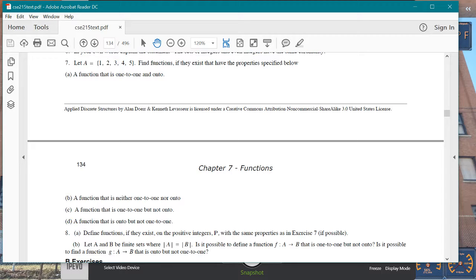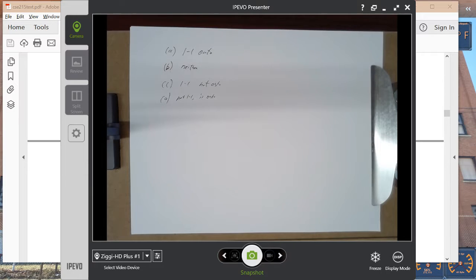Part C is 1-to-1, not onto. And D is not 1-to-1. So all possibilities. And you want functions on the positive integers. So do you understand what the question's asking?